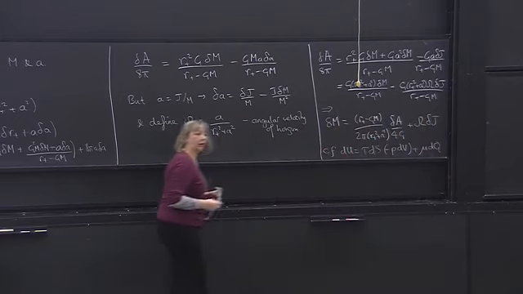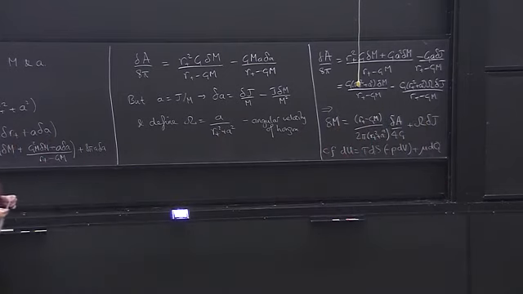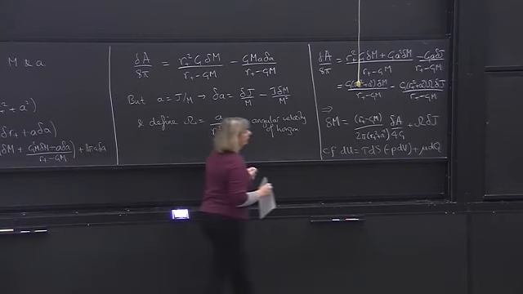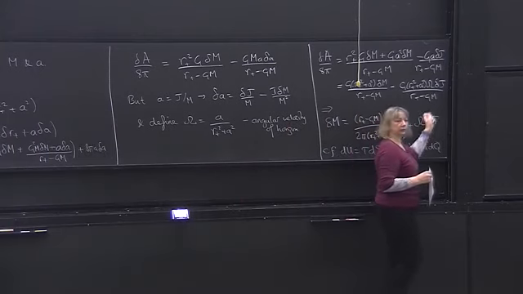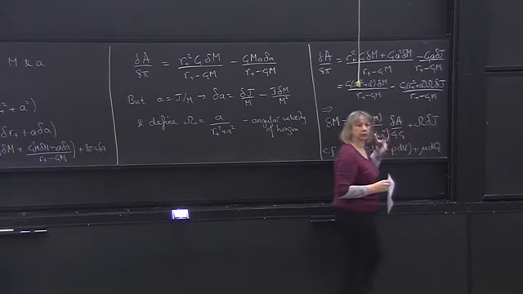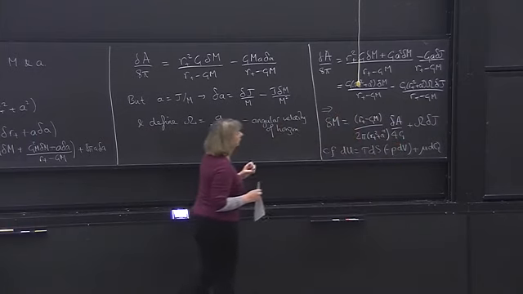I want to compare what I've derived with the standard thermodynamic relation: dU is TdS minus PdV, plus chemical potentials and charges. Here you can see that angular momentum is a kind of charge, and this is its potential, the rotational velocity of the horizon.